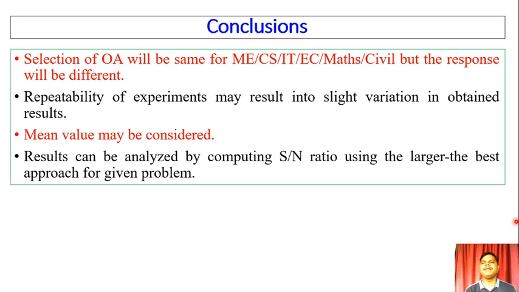Civil people will be dealing with some of their responses in terms of their structure strength or so on. So the orthogonal array will be same, but the responses will depend upon the formulation to be used. Okay, if they want to use this orthogonal array for 2 levels, this L8 will be similar. Okay, 1 1 1 1 2 2 2 2 like this, but their response depends upon their formulation.